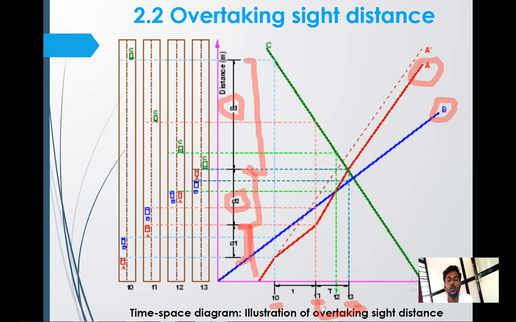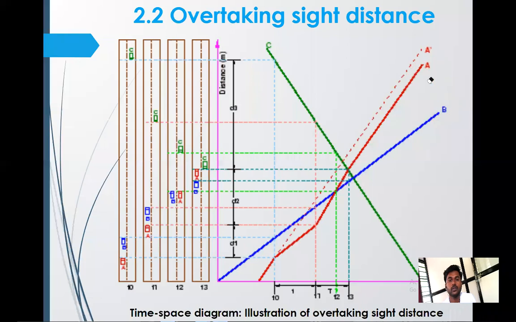And during the total time period t0 to t3, vehicle C travels some distance, taken as d3. Okay, so this is d1, d2 and d3. You must know what time period is taken for the overtaking, because the formula depends on which vehicle takes how much time to overtake the particular vehicle.